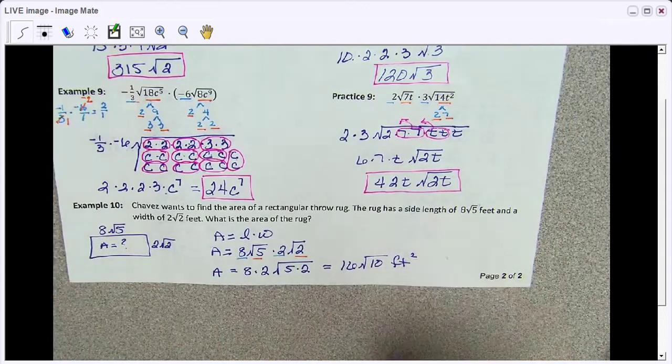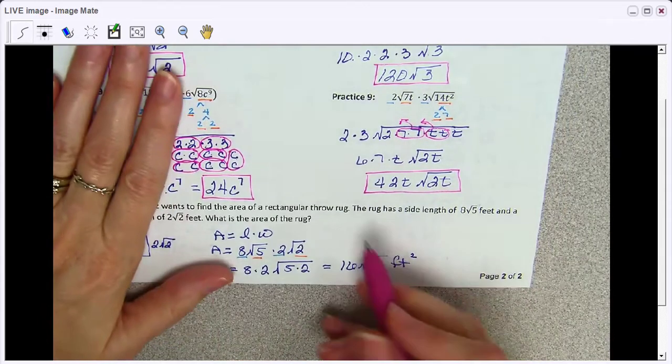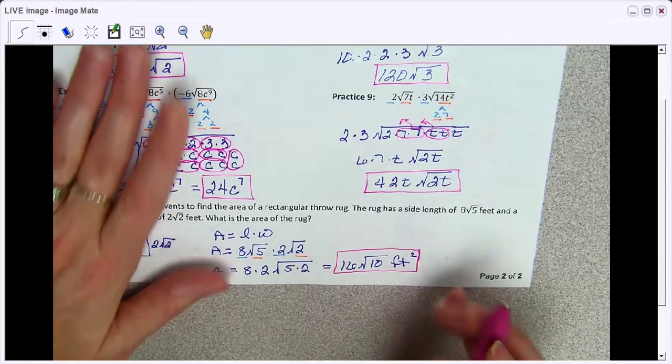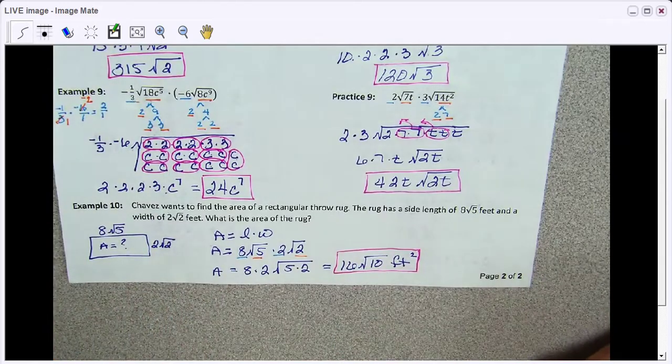Okay. And make sure that you put the units at the end of your answer. And that concludes lesson 8.5, multiplying radical expressions.